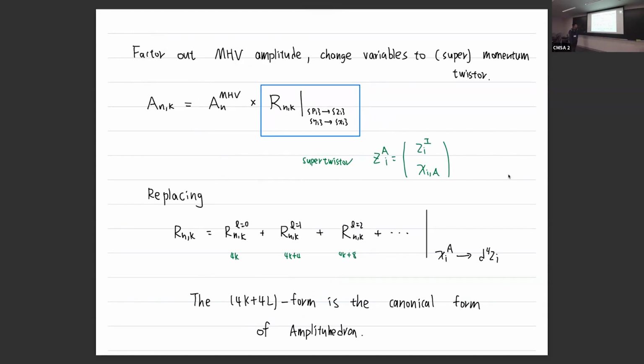Then if we replace the fermionic chi of the super twistor by the Grassmann variable, we can obtain the 4k-form. Considering its loop expansion, each loop adds 4 degrees, so we obtain a 4k plus 4L form at each loop order. This 4k plus 4L form is the canonical form of the amplituhedron, a combination of all the physical quantities related to this geometric space.